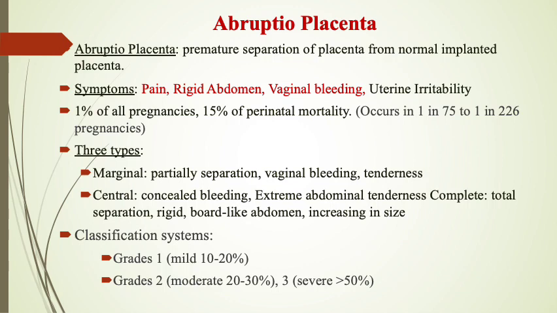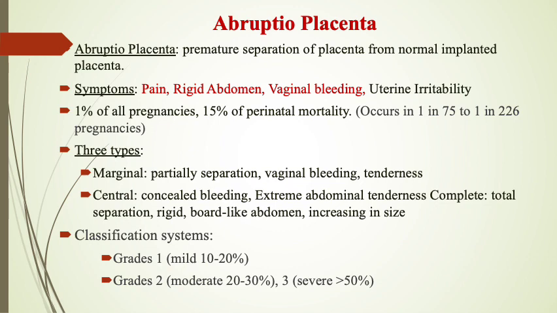So let's talk about the signs and symptoms of placental abruption. They include pain, rigid abdomen, vaginal bleeding, and uterine irritability. The vaginal bleeding in placental abruption is usually dark red.